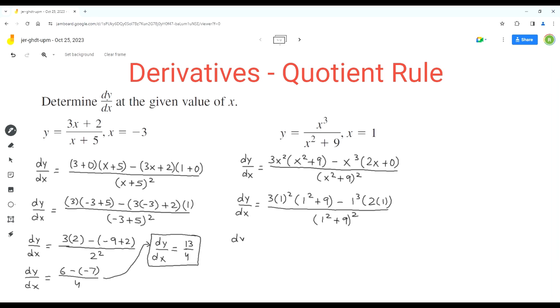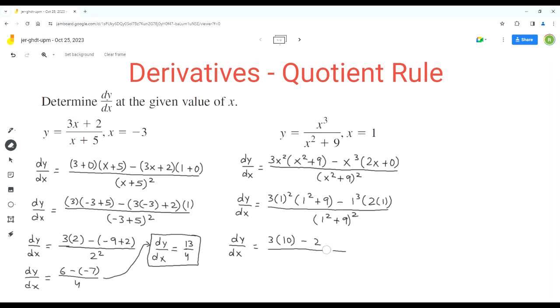Now we can simplify this expression. So dy over dx equals, 3 times 1 squared is 3 times 1, which is just 3. In the parentheses, 1 squared is 1, so 1 plus 9 is 10. Minus, now 1 cubed is 1, and 1 times 2 times 1 is just 2.